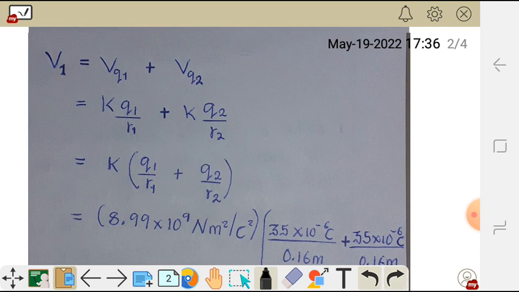Replacing the numbers, K is simply a constant, 8.99 by 10 to the power 9 newton meter squared per coulomb squared.